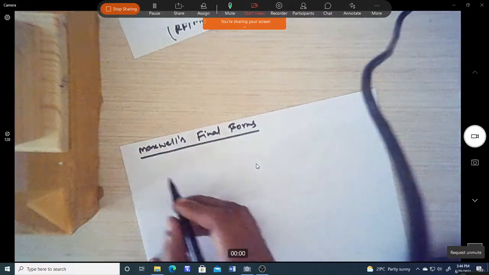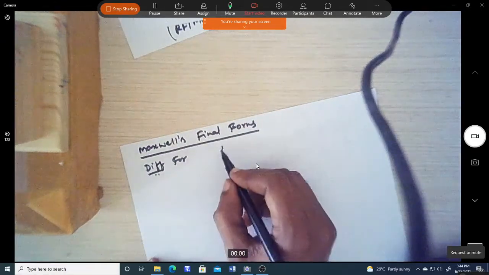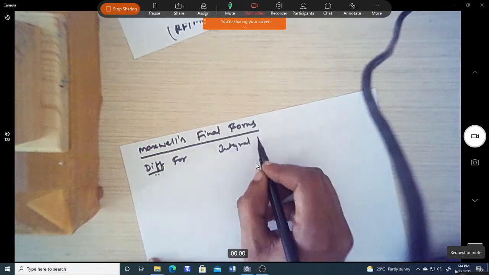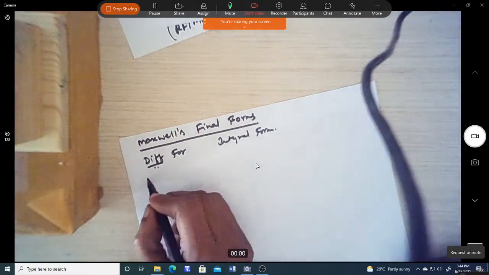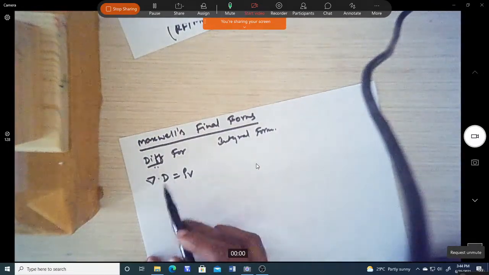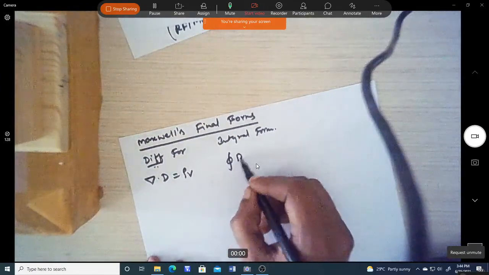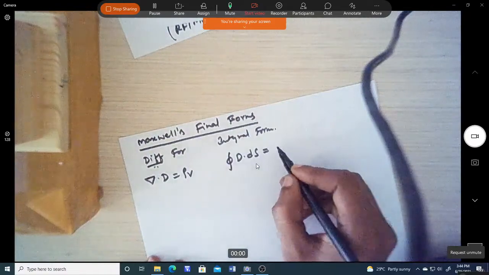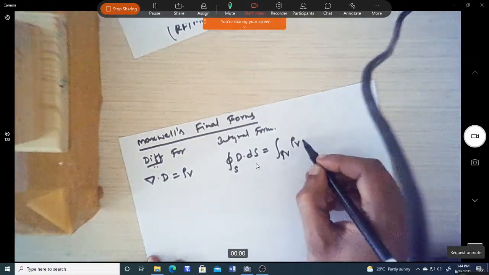Okay, so that is in the differential form and the integral form. The divergence equations don't vary, only the curl equations will vary. That is del dot D equal to rho v. The divergence equation doesn't vary, so the surface integral of D dot ds is equal to the volume integral of rho v into dv.